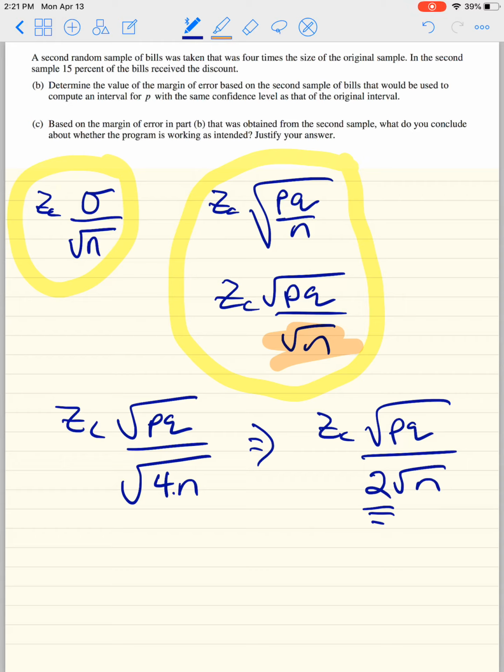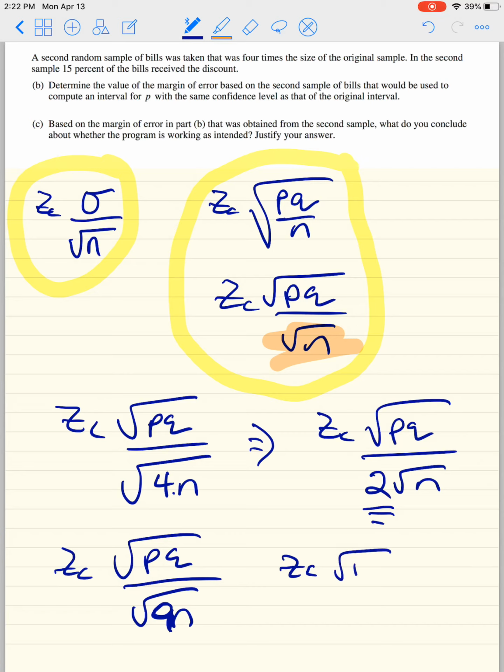If I had, let's say, 9 times the original sample, then it would be PQ over 3 times the original sample. So what happens here is that if we multiply a sample by 4, you're dividing the margin of error by 2.